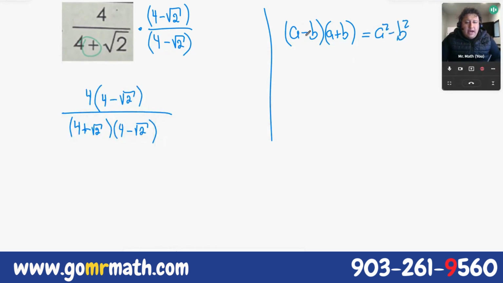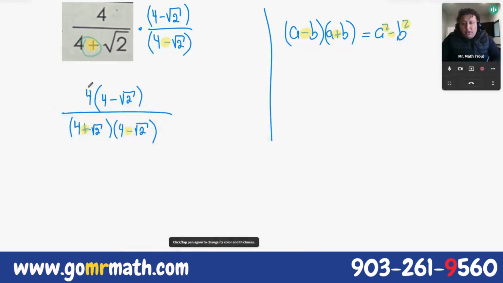If I have two terms that are being subtracted times the same two terms that are being added, this is equivalent to the first term squared minus the second term squared. And that's exactly what is happening here. The plus is coming from the exercise, and we are creating the condition of this minus.